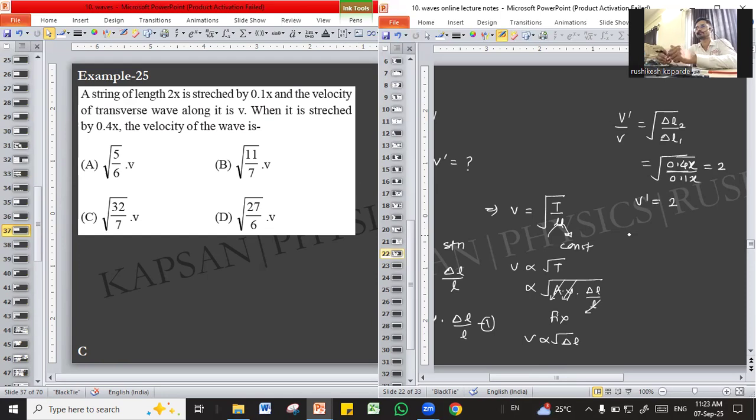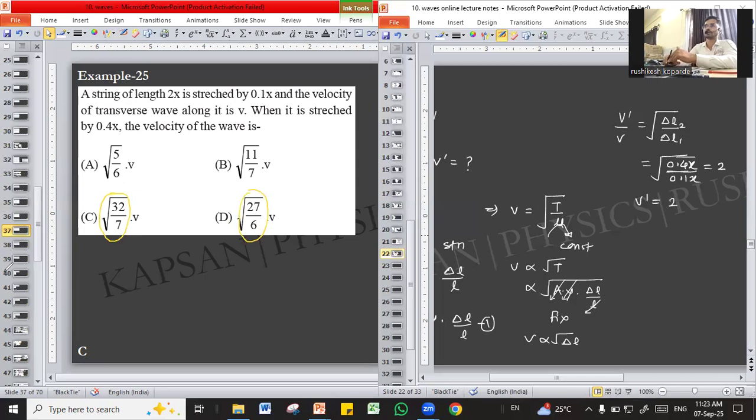So V dash is 2, meaning root 4. So this is 4 point something, and this is also 4 point something. It means the approximation that we have applied here fails. Now we have to consider the variation in length.